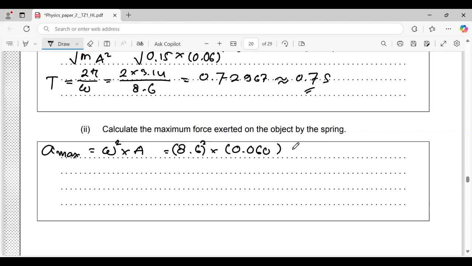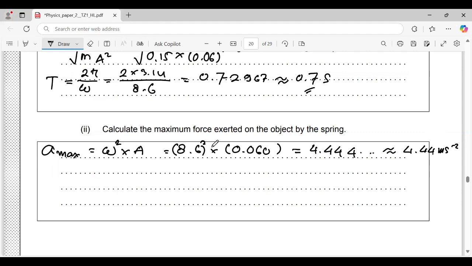Okay. And if you calculate, the result will be 4.444, rounded to 4.44 meter per second squared.